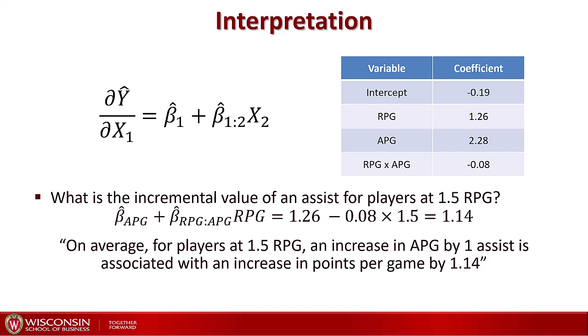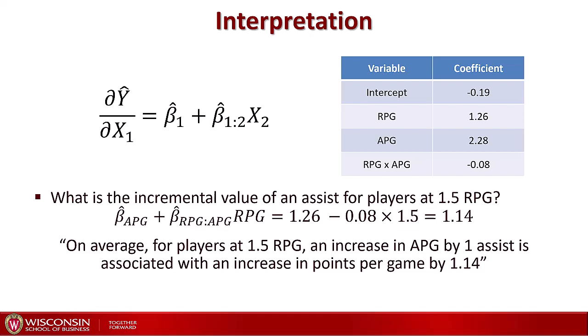If we now replace the values with our estimates and the 1.5, we get 1.26, the coefficient, minus 0.08, the interaction coefficient, times 1.5 RPG.